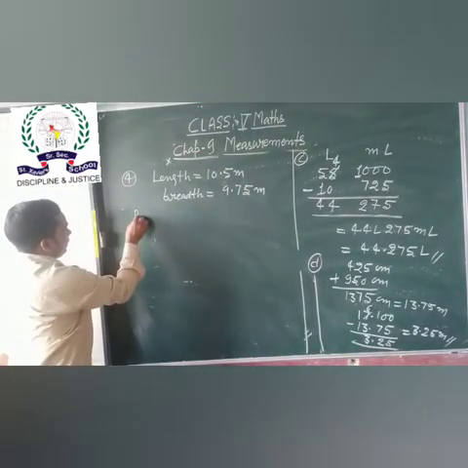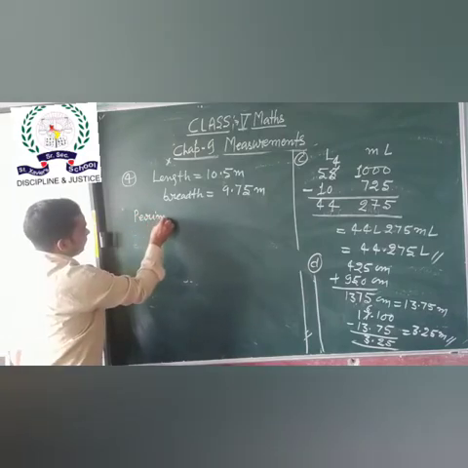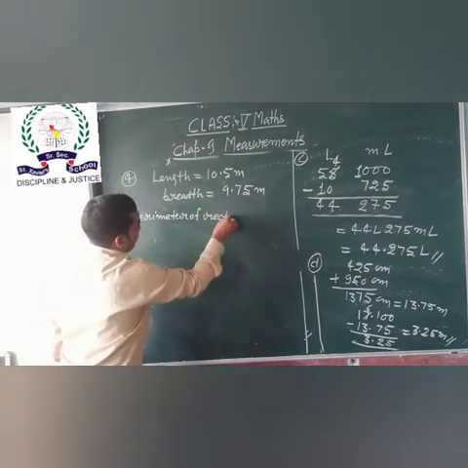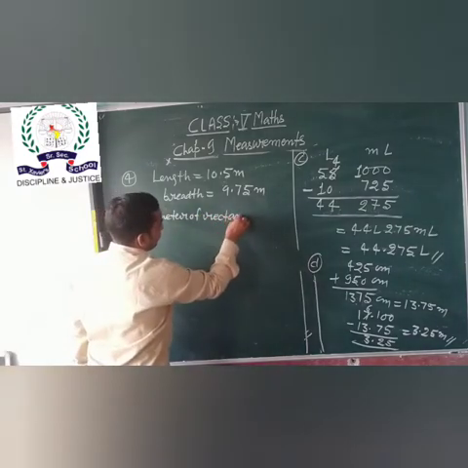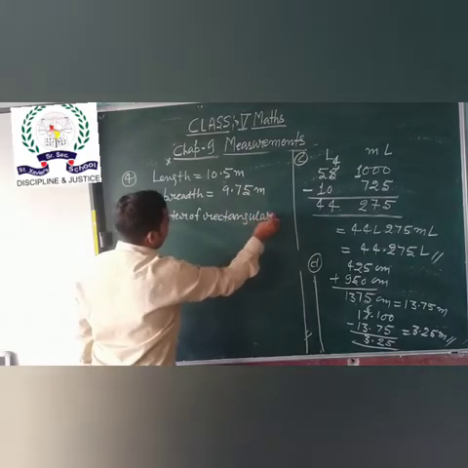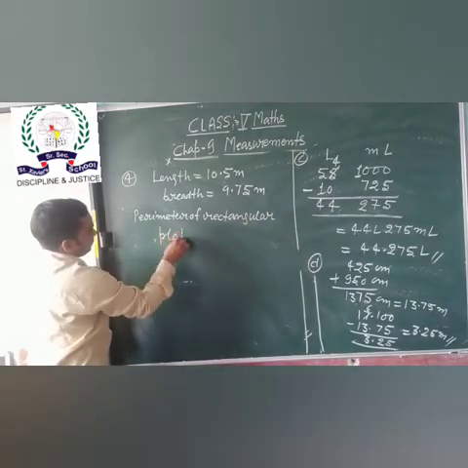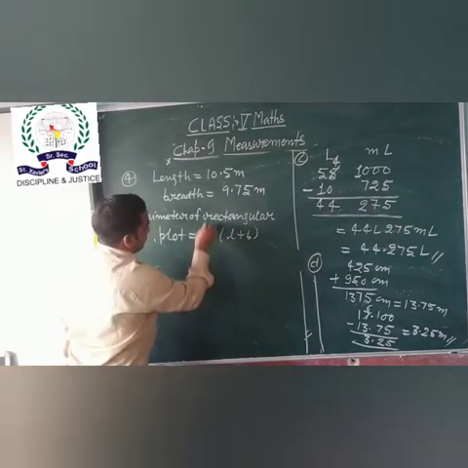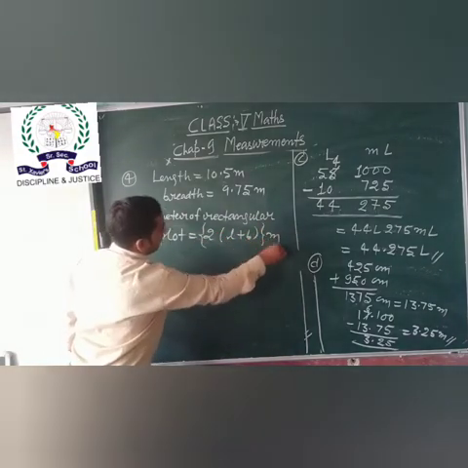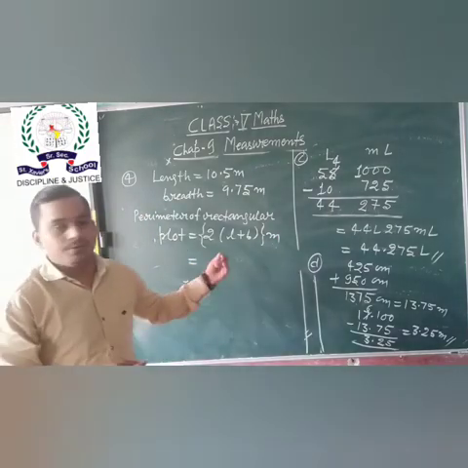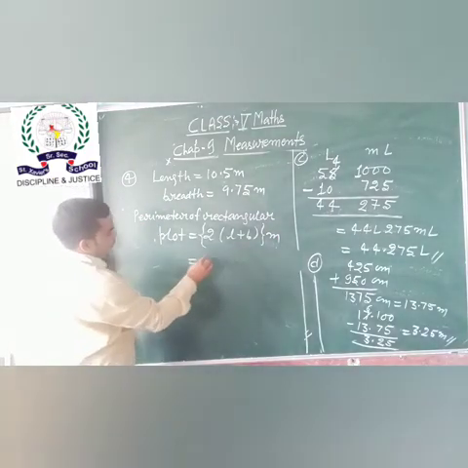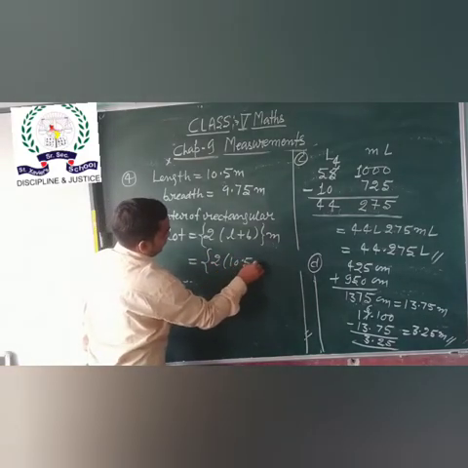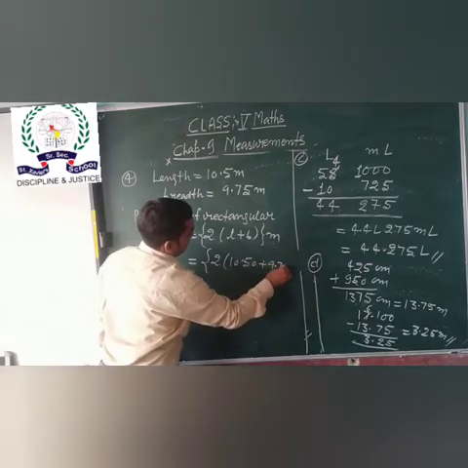To find the perimeter of the rectangular plot: perimeter equals 2 times (length plus breadth). Put the values of L and B. So 2 times (10.5 plus 9.75).